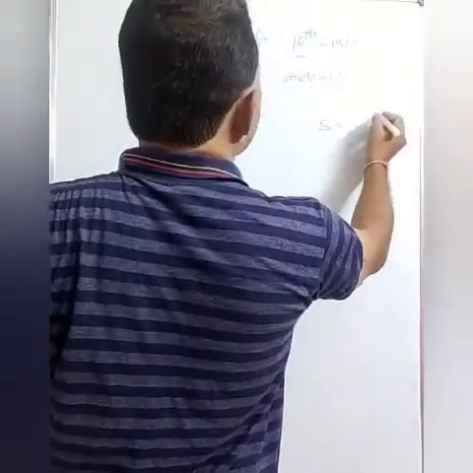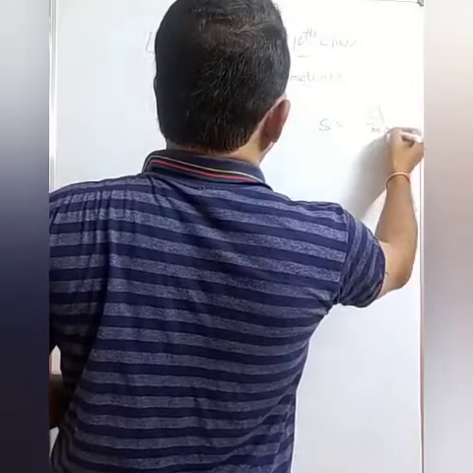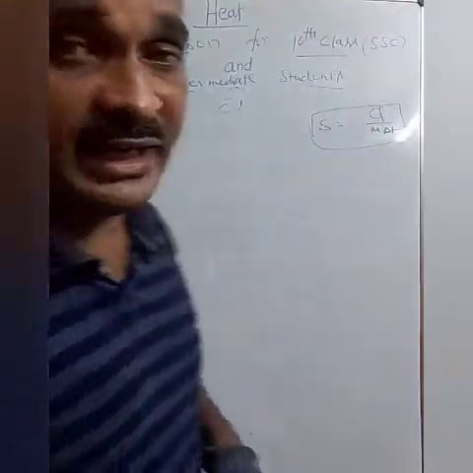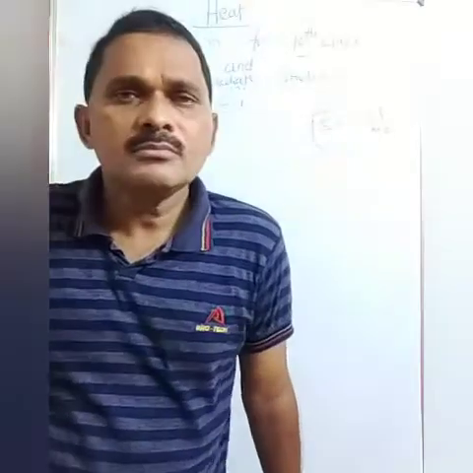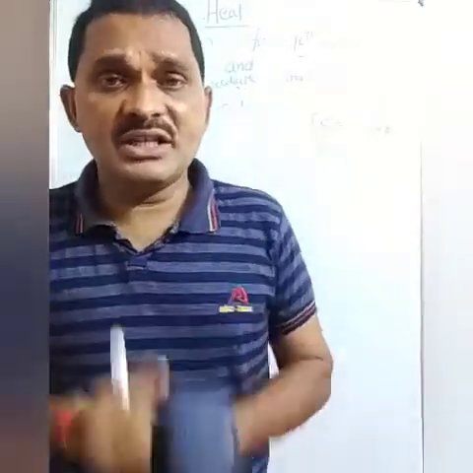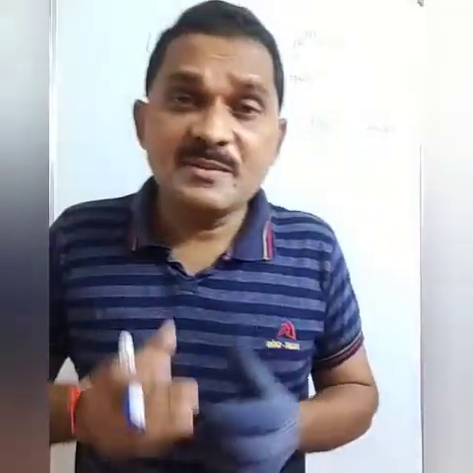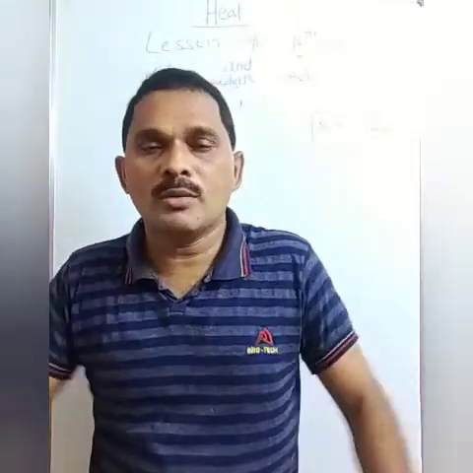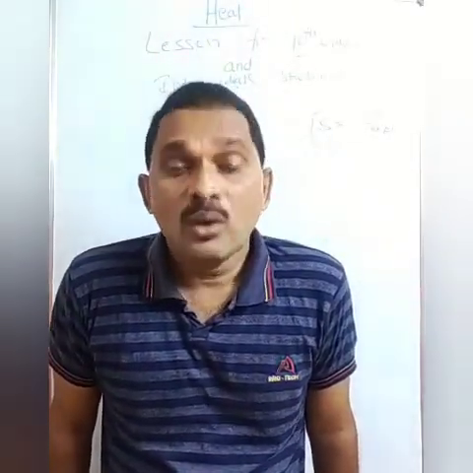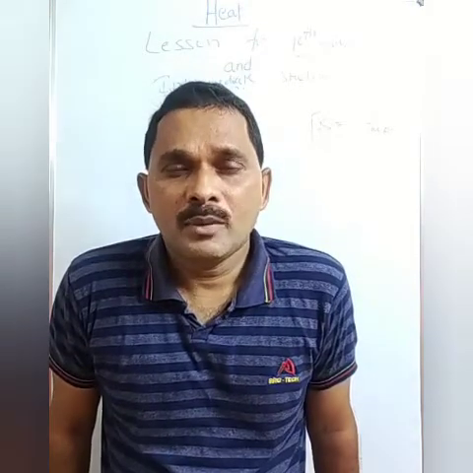The formula is S is equal to Q by m delta T. In this specific heat definition, specific heat is the same for all objects, and we will discuss that right now. So what is specific heat?